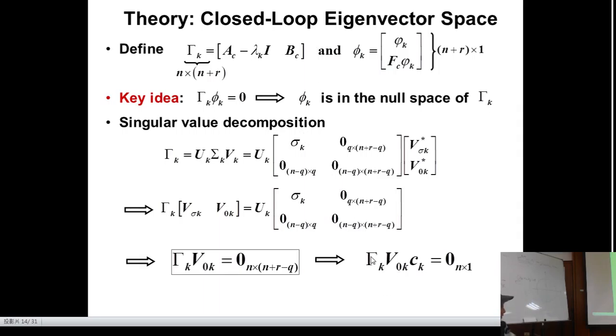So your gamma is complex, V0k is complex. ck can be complex, can be real. It seems very complicated, but it's not. When you come to the example, you will say, oh wow, that's so powerful.